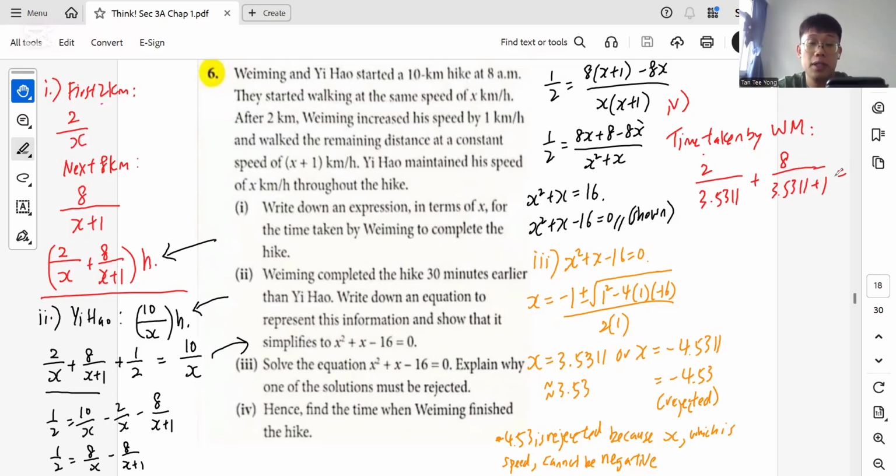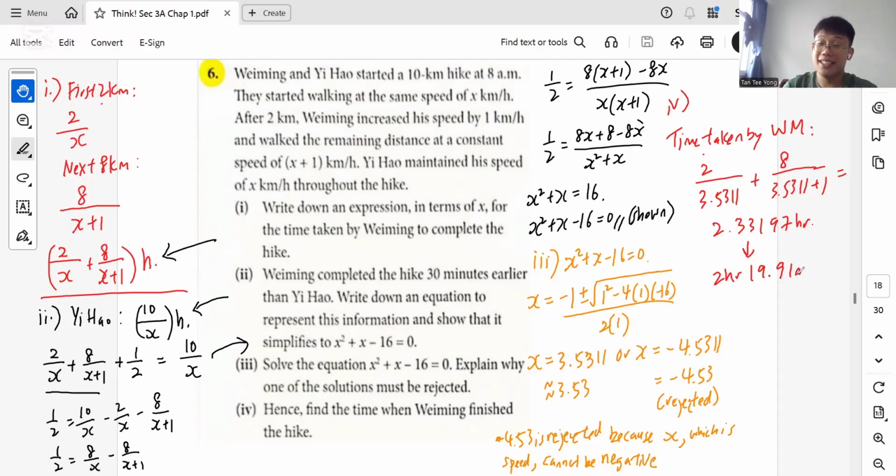So 2.33197 hours. Okay, so if I change this to hours and minutes, this is 2 hours and 19.9 minutes.